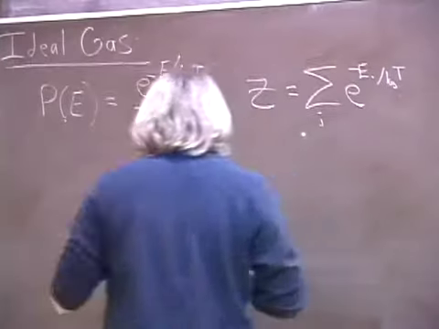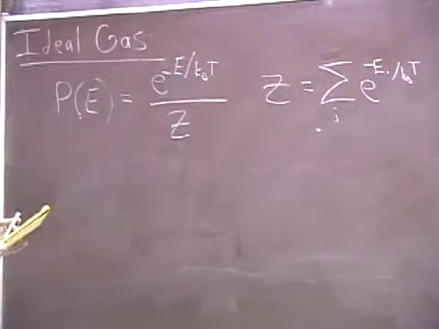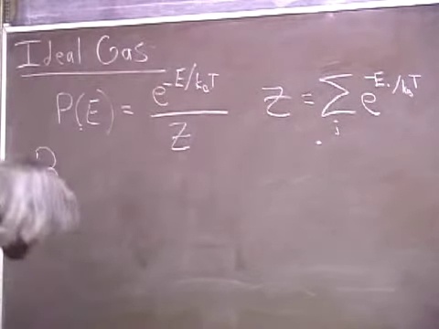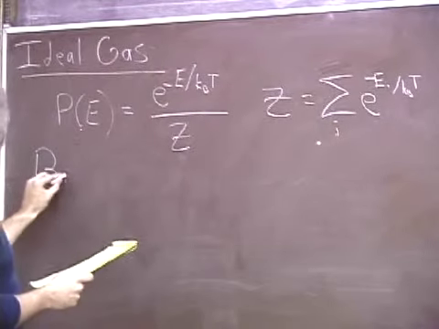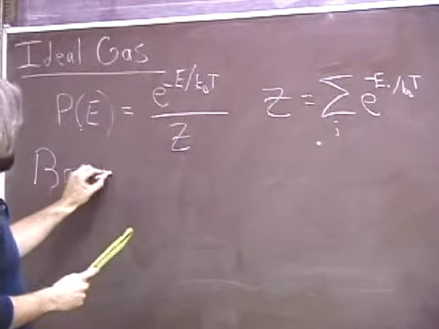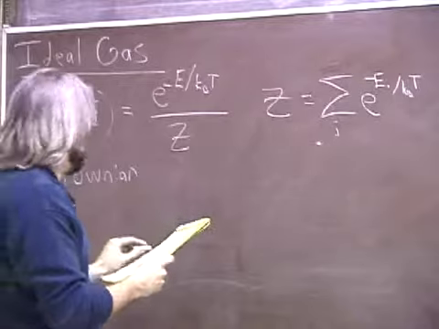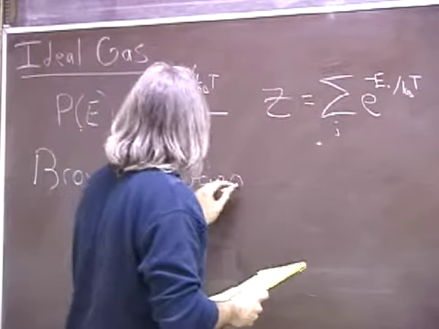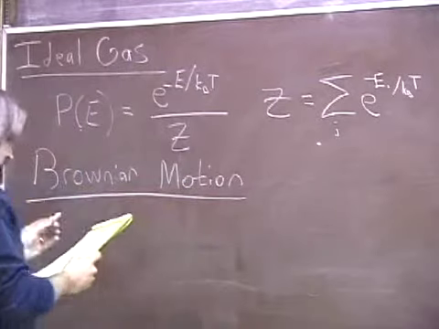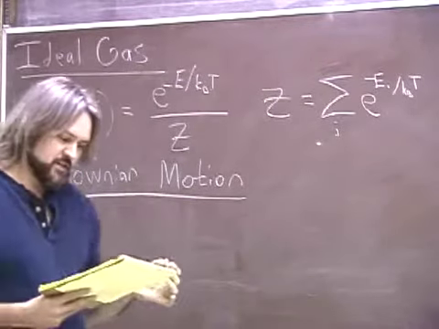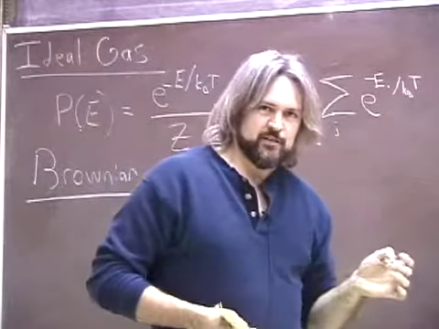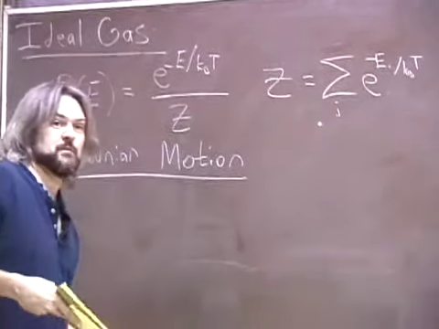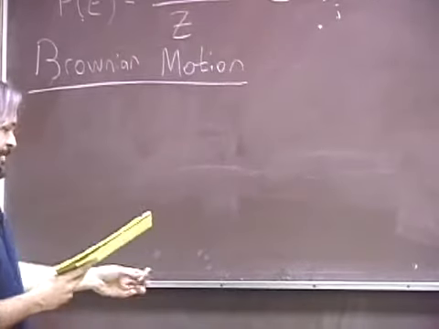The traditional example of this is Brownian motion, which was first observed by Robert Brown using dust grains in a microscope in about 1828, and first explained by Albert Einstein in 1906. And to understand Brownian motion, I find the Langevin approach to be the most useful and generalizable way of thinking about it.